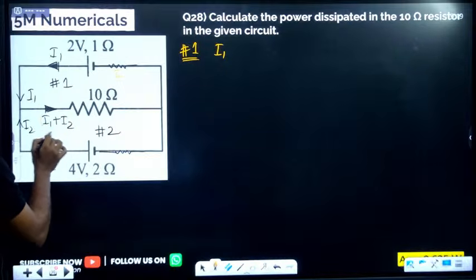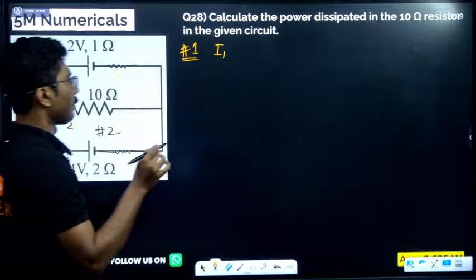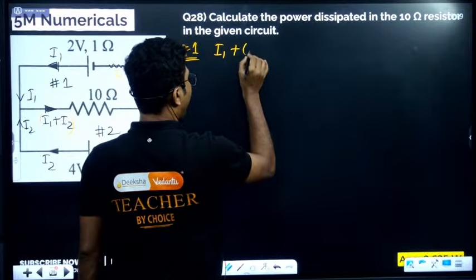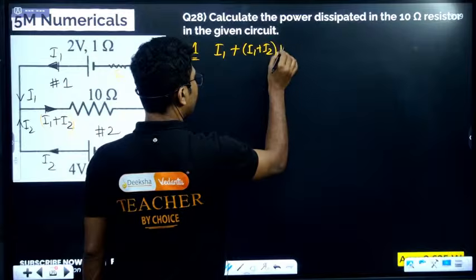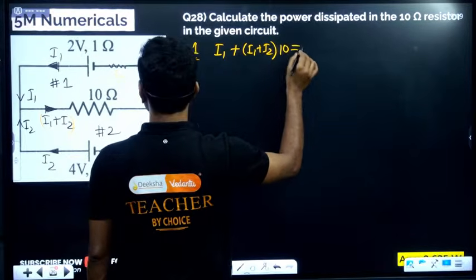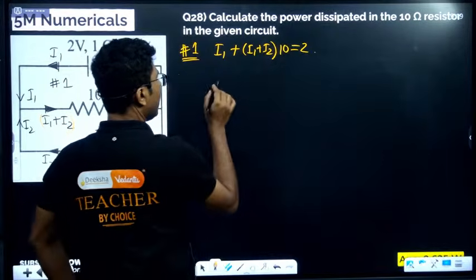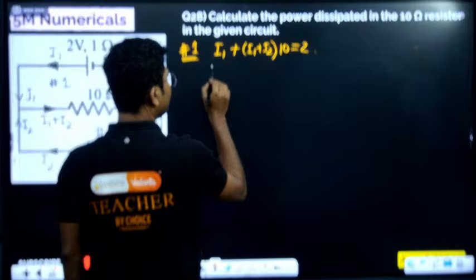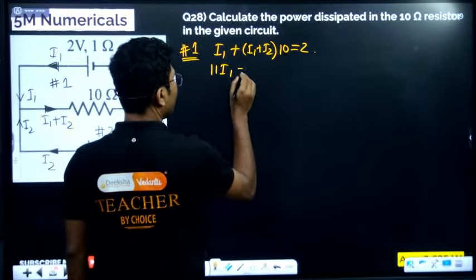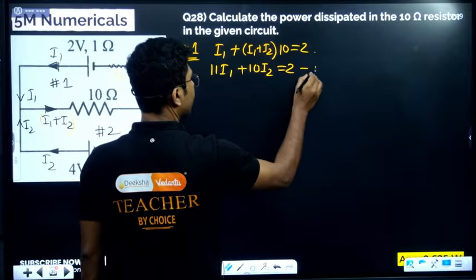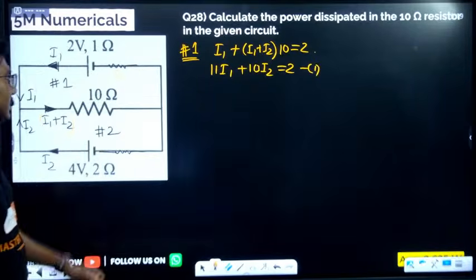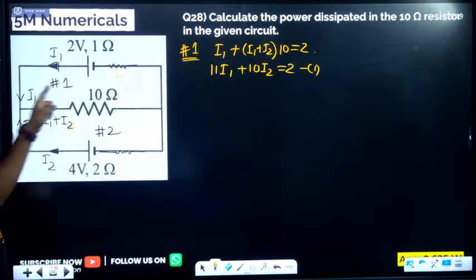So I1 plus I2 into 10 equals the voltage, that is 2. Okay, so simplify, 11 I1 plus 10 I2 equals 2. This is equation 1.